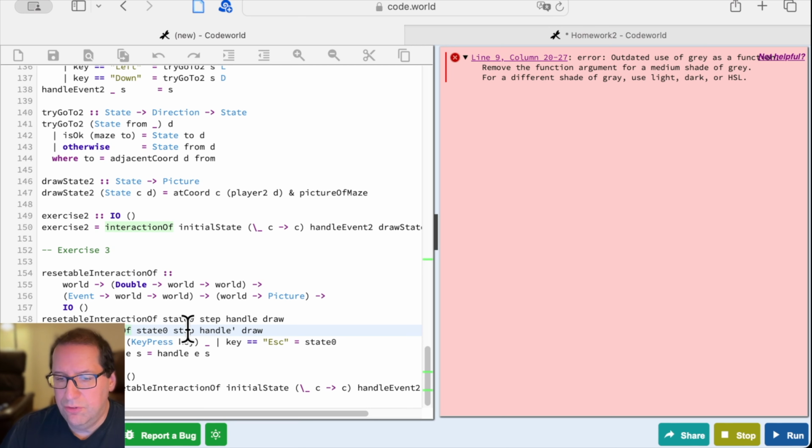State 0, step, handle. He's very explicitly stepping through here, but I'm not sure I get it. I'm not sure that this is better than what we've done here.